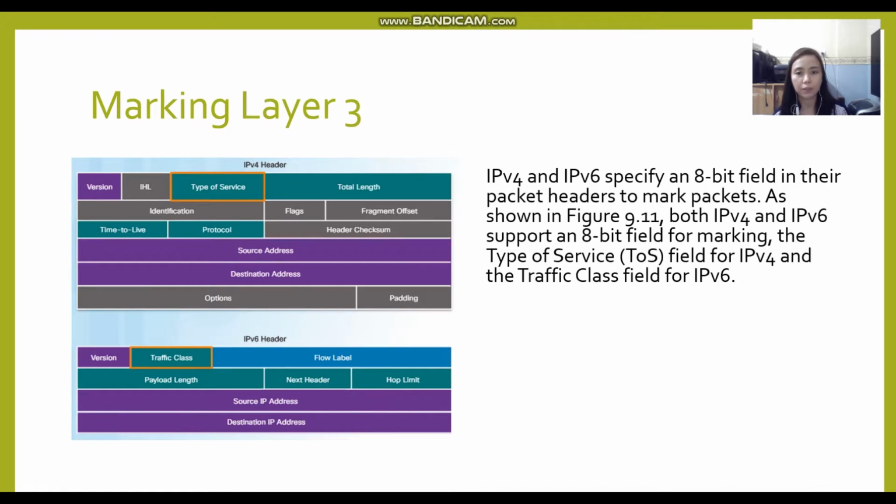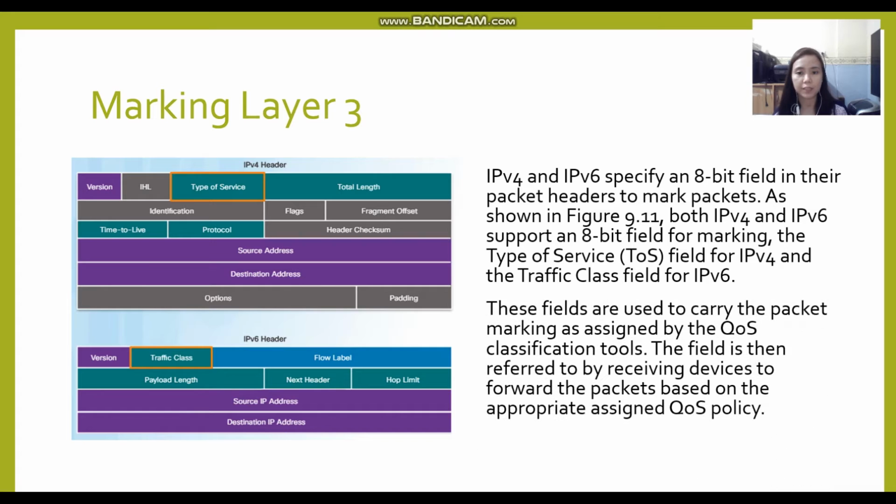Marking at layer 3. IPv4 and IPv6 specify an 8-bit field in their packet headers to mark packets, as shown in figure 9.11. Both IPv4 and IPv6 support an 8-bit field for marking: the Type of Service or ToS field for IPv4 and the Traffic Class field for IPv6.